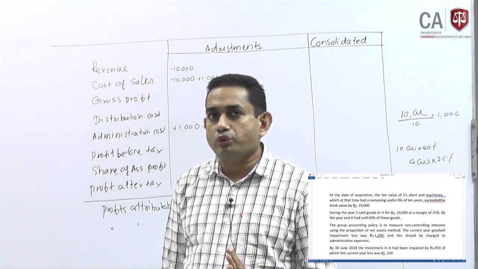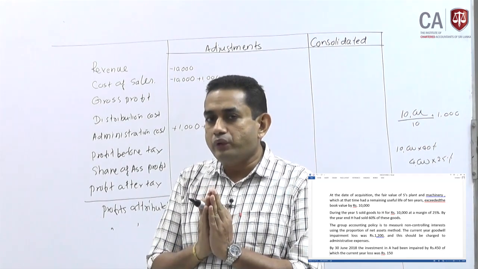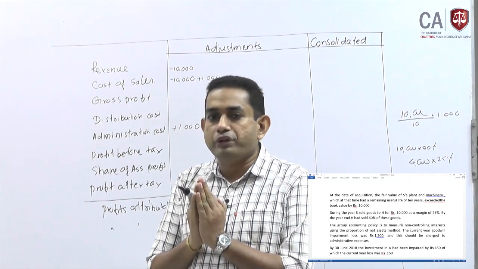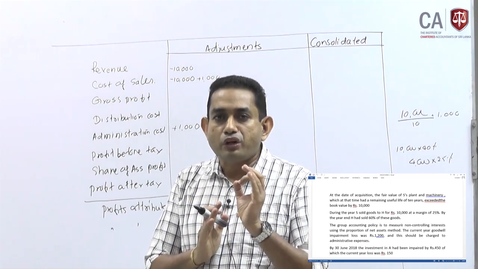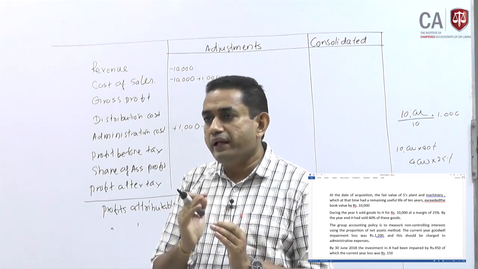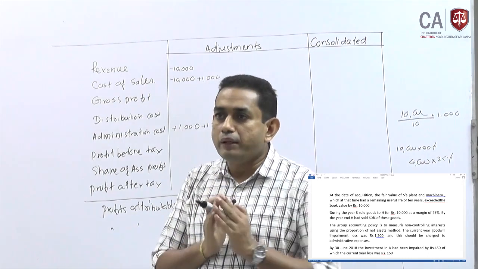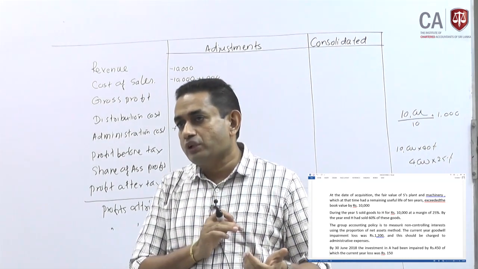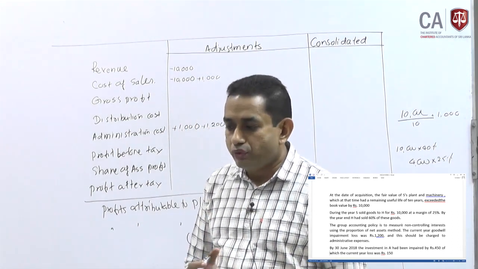Remember, that is very important. As you calculate the NCI share of profit, you need not deduct it from S limited profit. Why? Only the parent company should take over the loss. NCI shareholders do not need to take it over.